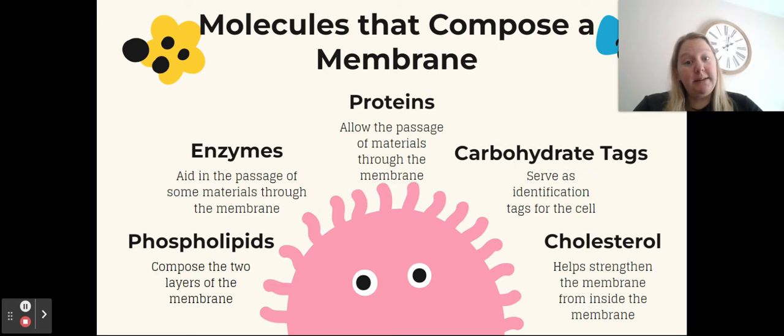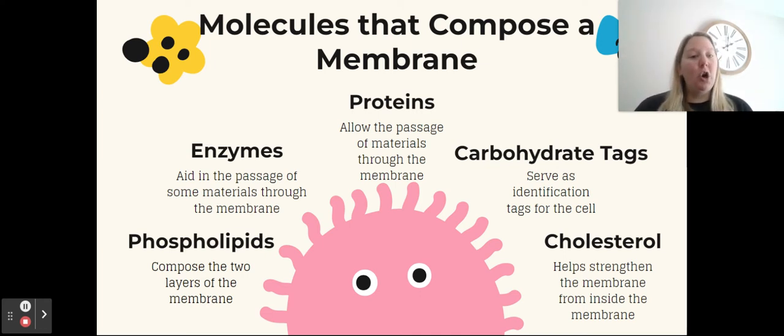We also have proteins. Proteins serve a lot of different purposes for the cell membrane. The primary focus is that they serve as a passageway between the outside and the inside of the membrane. Sometimes this looks like a channel where there's just a protein lined up and things can run themselves right through. Other times it acts more like a doorway that needs to change shape to let these materials through.